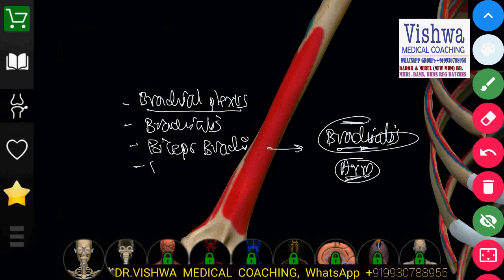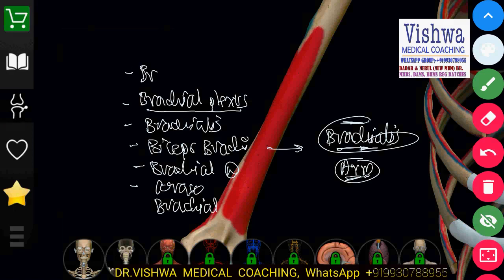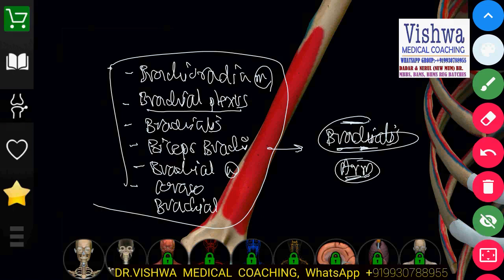We have a brachial artery. We have a coracobrachialis. We have a brachioradialis muscle, of course. As you can see, all those are named after brachii. Brachii means arm. So anything which is in relation to the arm is named after brachii.